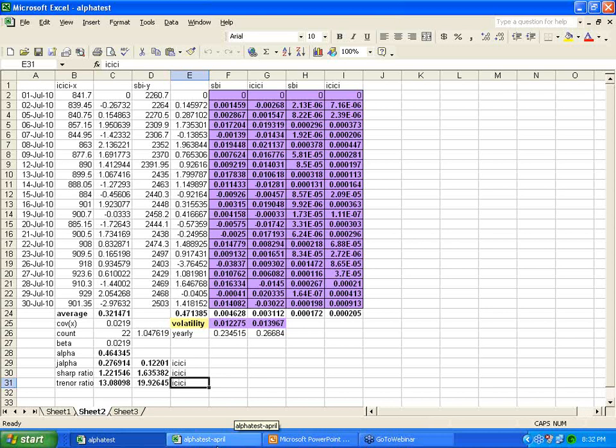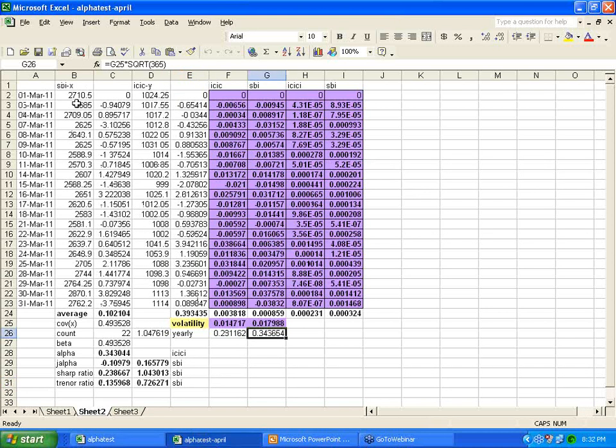Now its volatility is more. Henceforth it has taken the position of X and ICICI has taken the position of Y. So from this also we have concluded State Bank of India. Three times we have concluded State Bank of India.